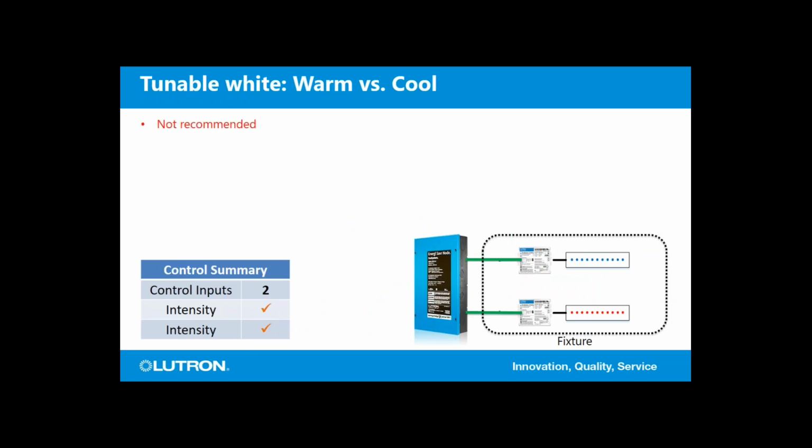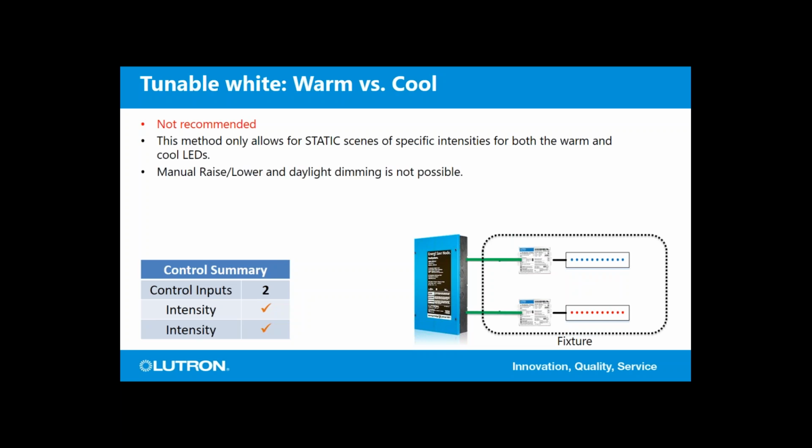First of all, we just want to say that this is not the recommended method. This method only allows for static scenes to set the intensities of both the cool and the warm LEDs. You cannot have a manual raise lower or daylight dimming. It's just not possible with this type of technology in the space. And there's no independent control of CCT while maintaining intensity.